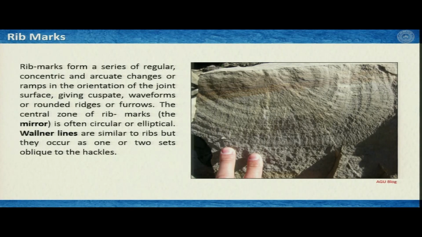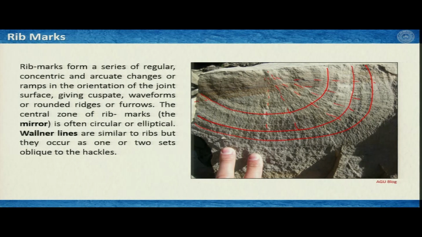Now, what we see here, we will see fantastic images of plumose marks in the next slide, but you see probably the plumose marks like this here, and these are your rib marks. So, this is a jointed surface and these things are your rib marks.